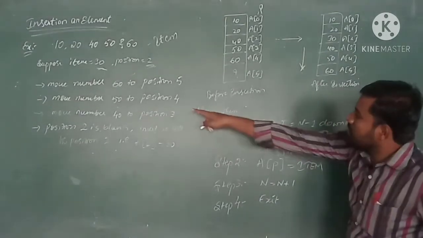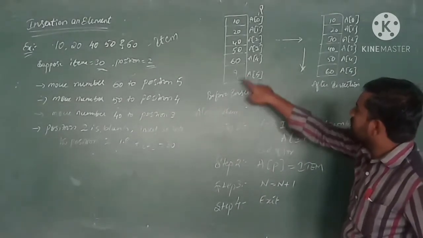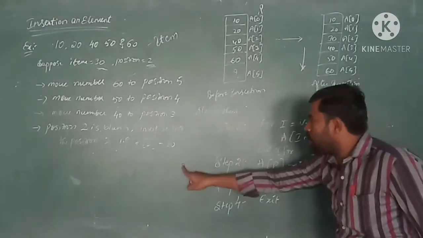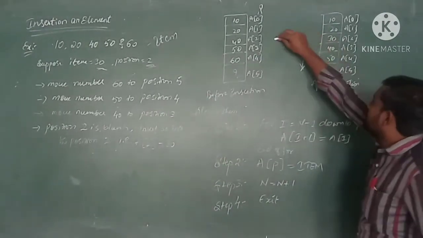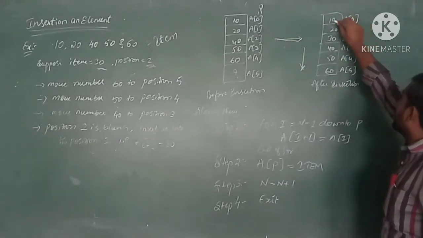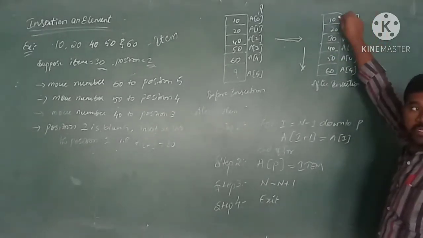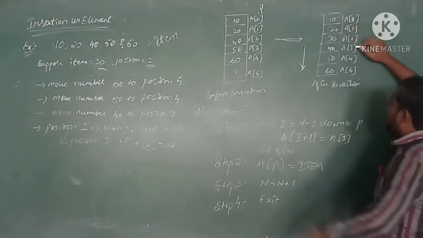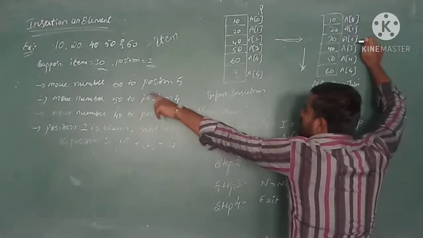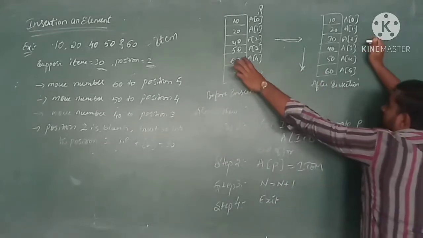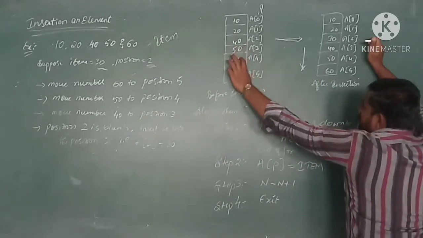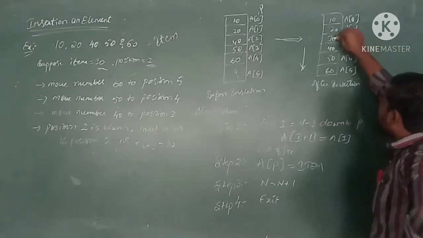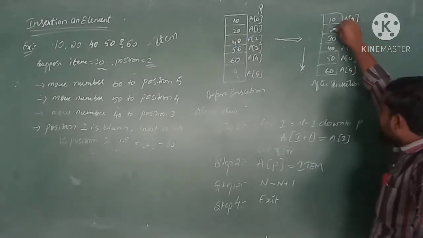So before inserting it looks like this. After performing this procedure, the things should be done over here: a of 0 is equal to 10, a of 1 is equal to 20, a of 2 is equal to 30, and the 60 element I am moving, 40 I am placing in the place of 50. So what happened: 10, 20, 30.